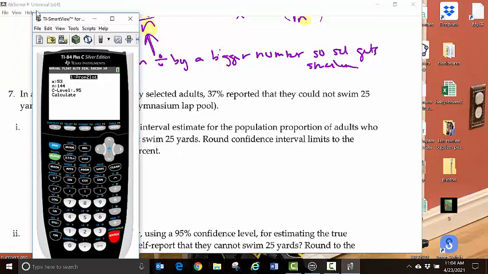So this x is going to be 900 times 0.37 because it's 37% said they couldn't swim. So that's 333. If that was a decimal, round to the closest number out of 900. And I want a 95% confidence interval, so that's what I have.